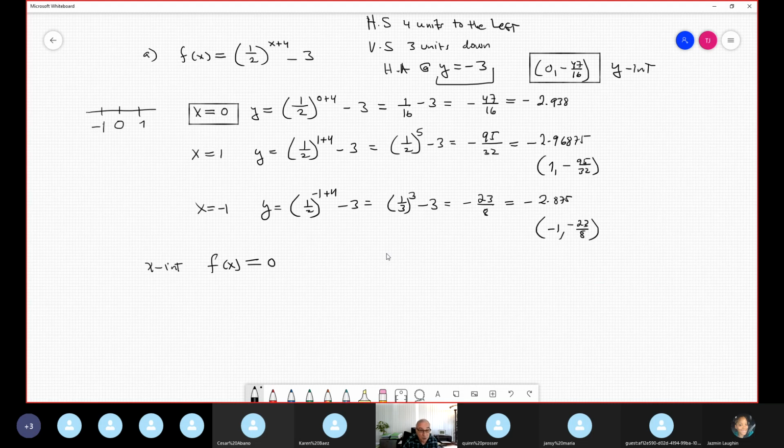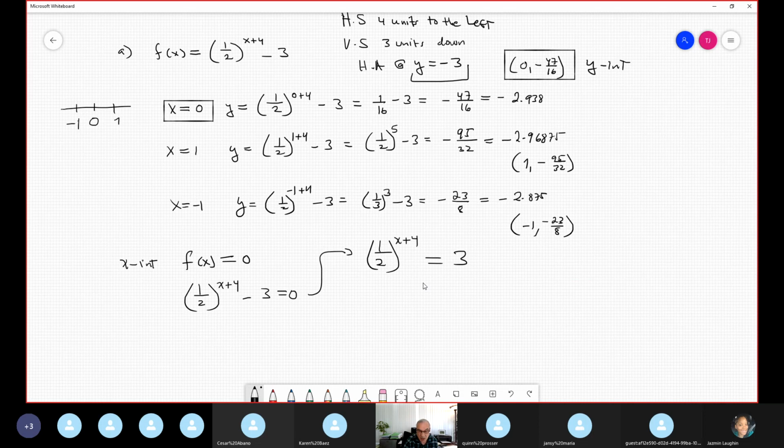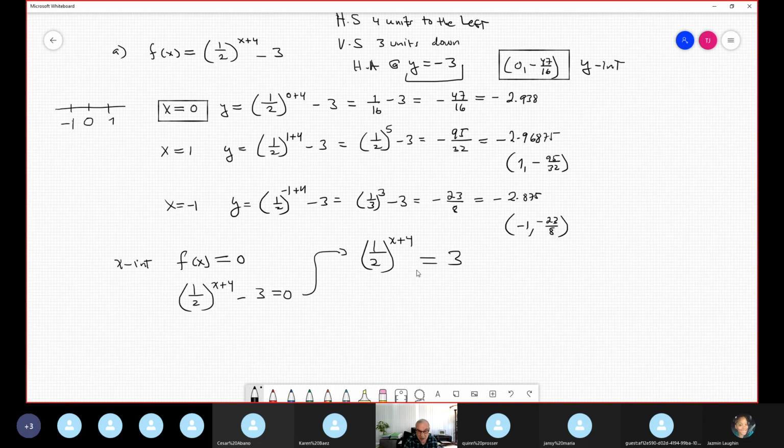So you take the original equation, 1/2 to the x plus 4 minus 3 equal to 0. In this moment, I have one exponential equation. I move 3 to the other side. This equation is impossible to solve by the traditional way, because 3 and 1/2 never have a common base.